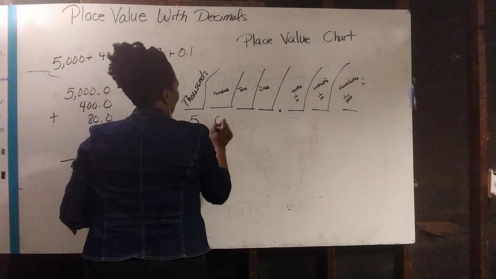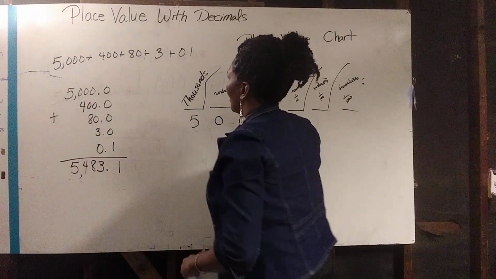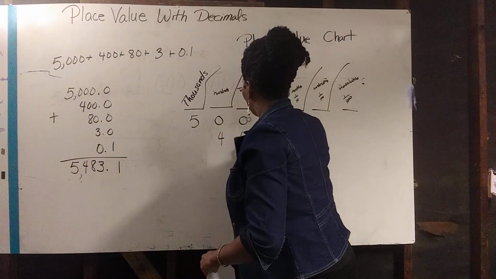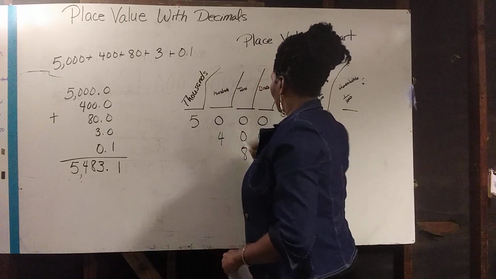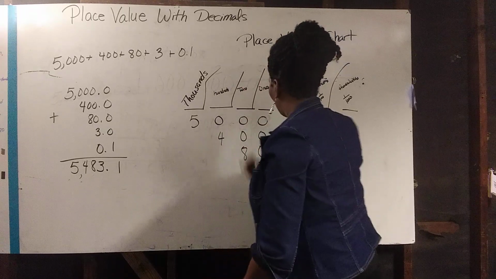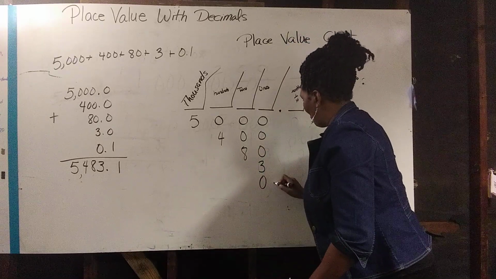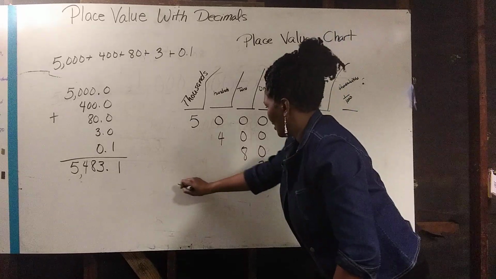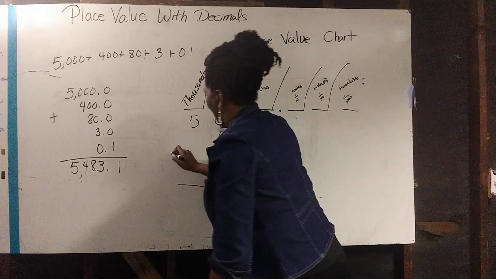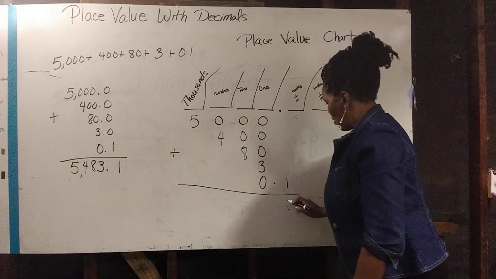We have 5,000 plus 400 plus 80 plus 3 plus 0.1. I can come over here and add all this together.